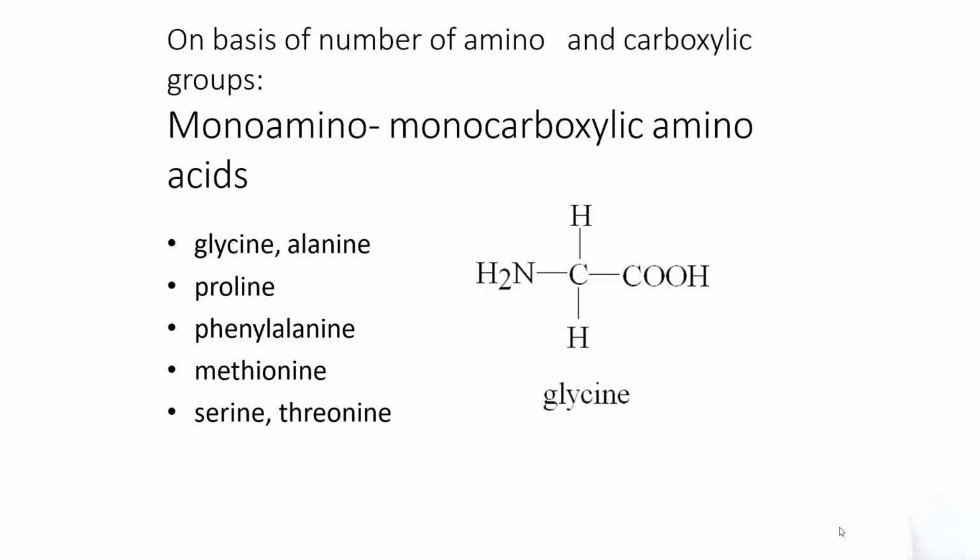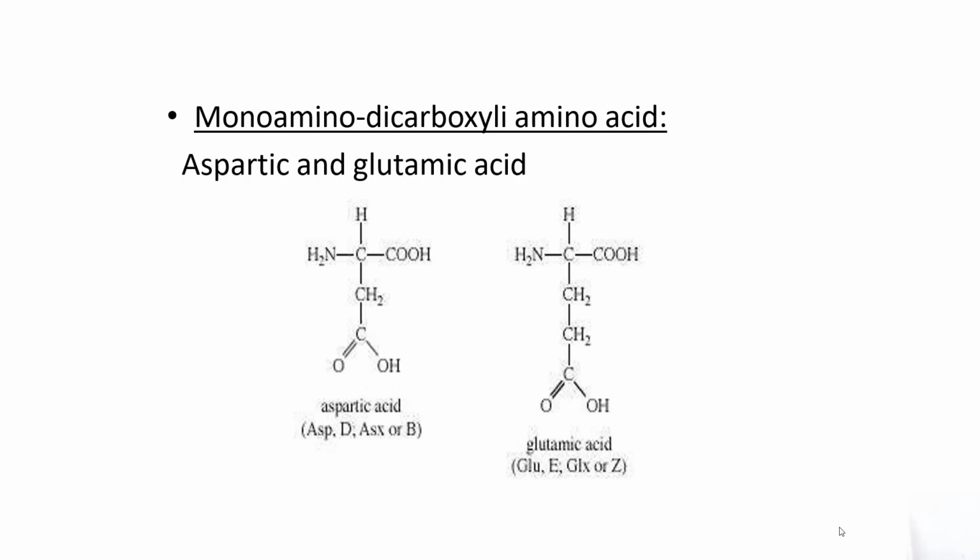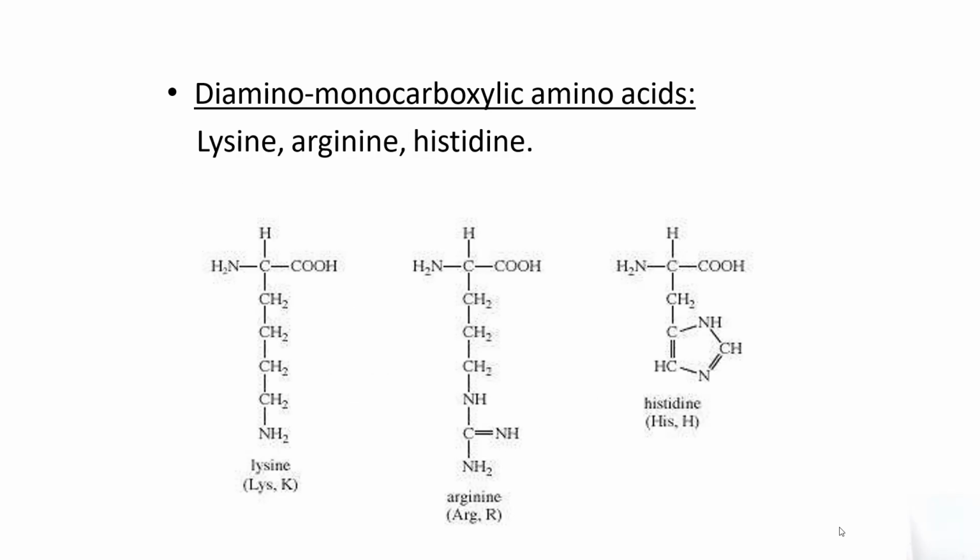On the basis of number of amino and carboxylic groups, they can be classified as monoamino monocarboxylic amino acids, monoamino dicarboxylic like aspartic acid and glutamic acid, and diamino monocarboxylic amino acid like lysine, arginine.